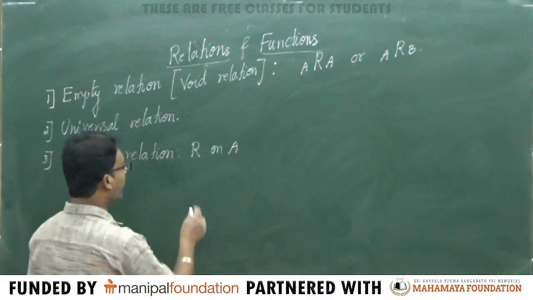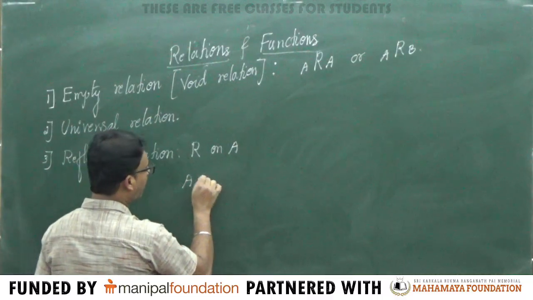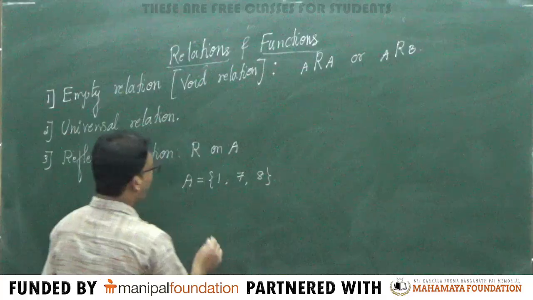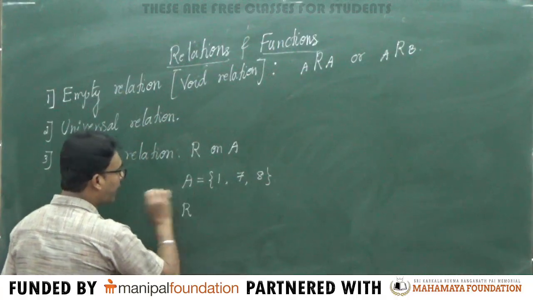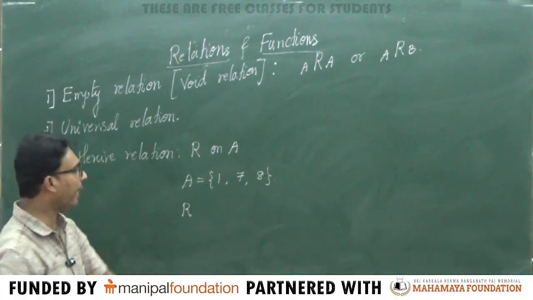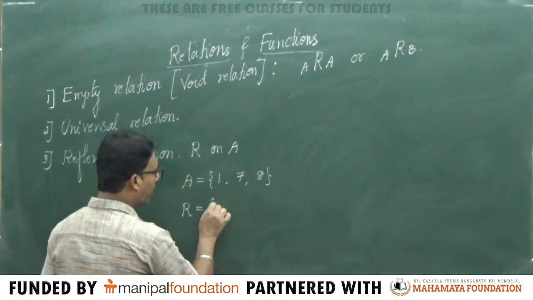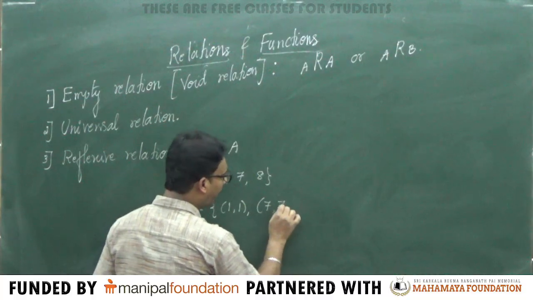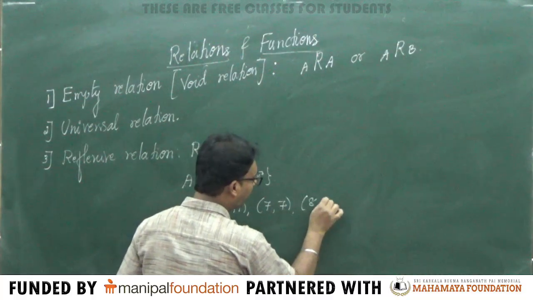For example, let us consider the set A equal to {1, 7, 8}. If the relation R on the set A is stated to be a reflexive relation, the relation R contains the ordered pairs (1, 1), (7, 7) and (8, 8).